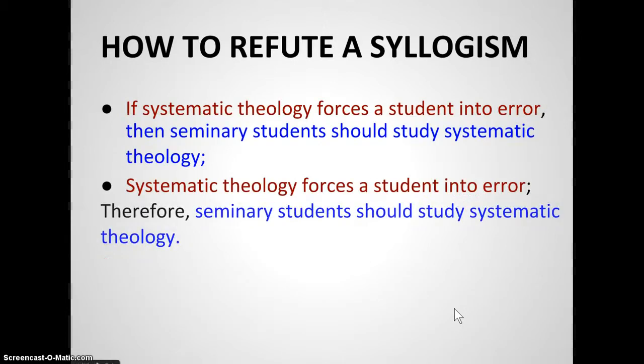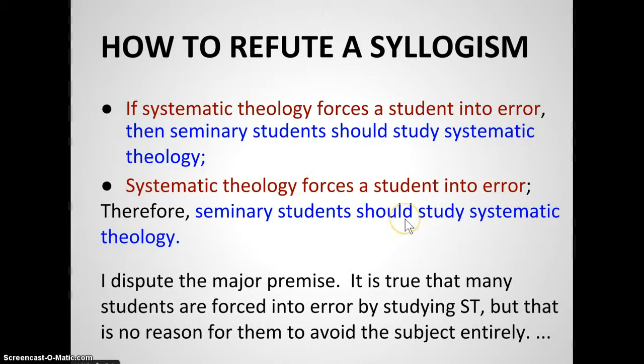How about disputing the major premise? Again, here's my syllogism, and again, I apologize, I left out the word not. It should say students should not study systematic theology, therefore seminary students should not, right here, study systematic theology. And here, I dispute the major premise, where I'm going to say it is true that many students are forced into error. In other words, I grant the truth that this systematic theology does force a student into error.